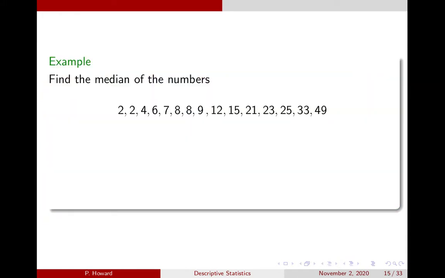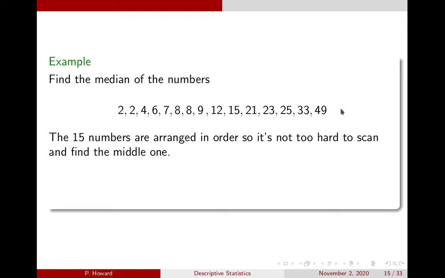So why don't we try finding the median of this list of numbers. There are 15 numbers arranged in order. It's not too hard to scan through the numbers and find the middle one, although it's a little harder than our example where there were 7 numbers.